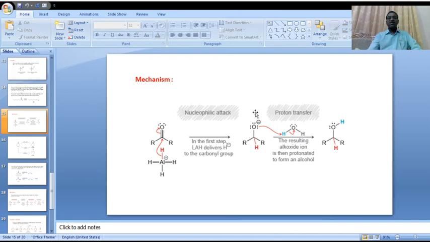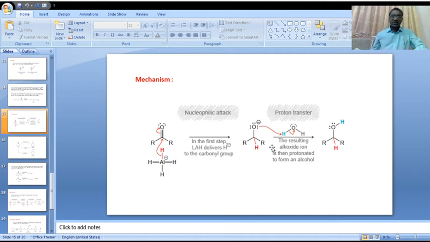This is the intermediate alkoxide ion. This alkoxide ion is protonated to form alcohol. This oxygen abstracts hydrogen from a water molecule. This is the second step.